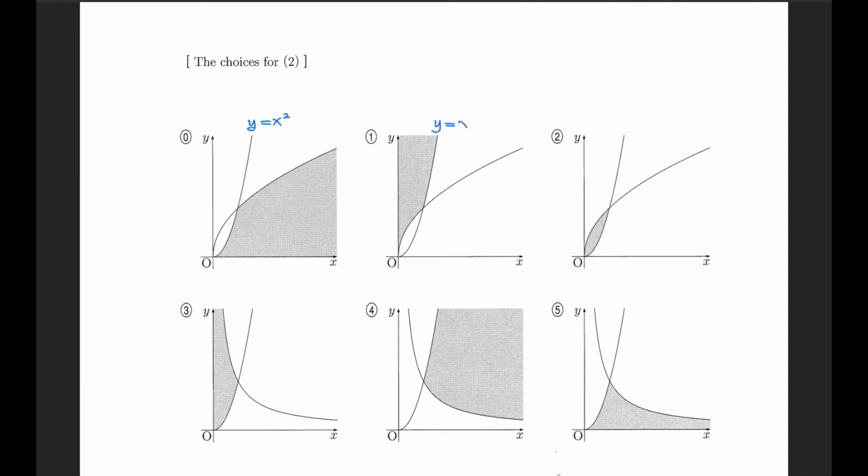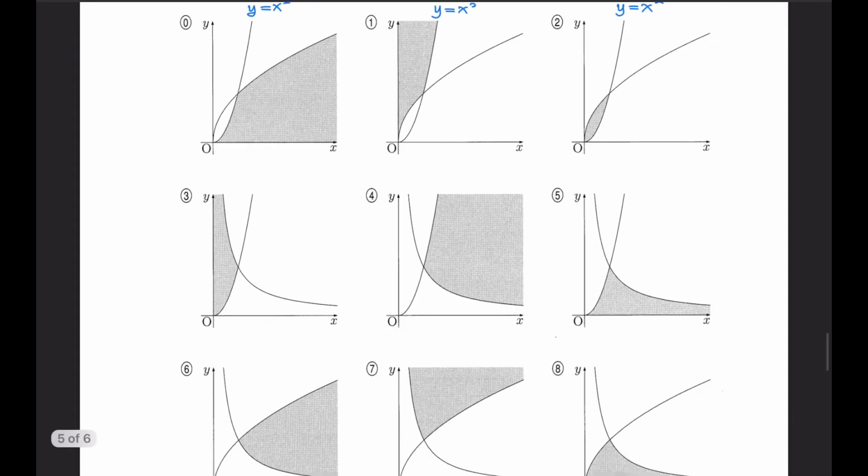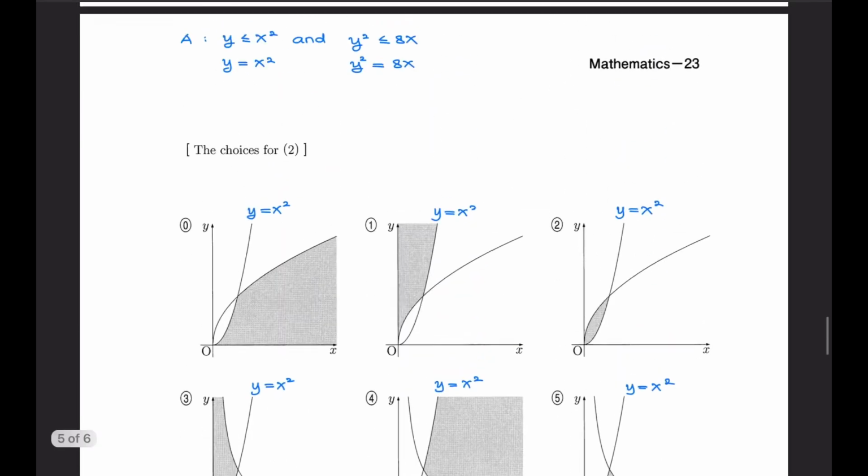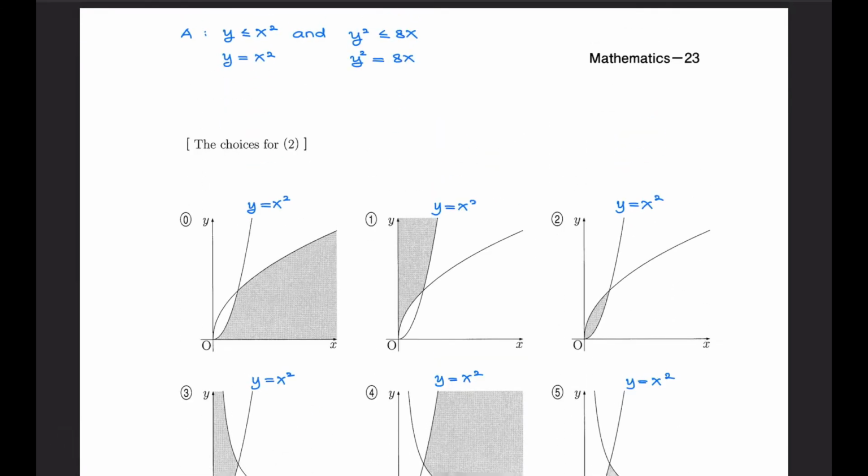This is also y equals x squared, and this is also y equals x squared. So for A, my choices are among 0 until 5.